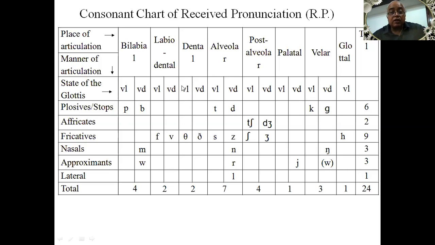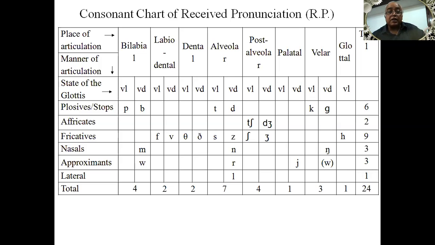Theta is a voiceless sound. We have talked of voiceless and voiced sounds a number of times, still I'm going to repeat. The vocal cords are held apart from each other, and when the air passes through, there is no vibration in the vocal cords. We get a voiceless sound. The first criterion is that the state of the glottis is voiceless.